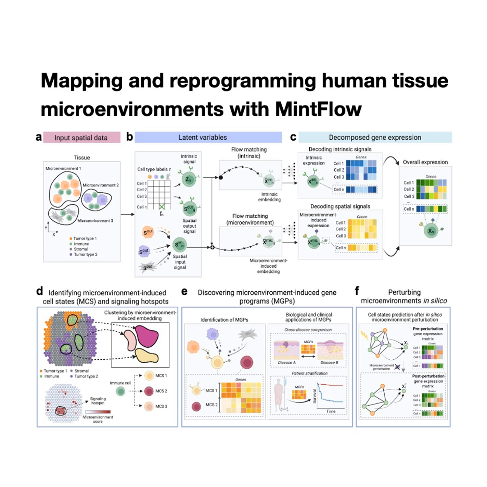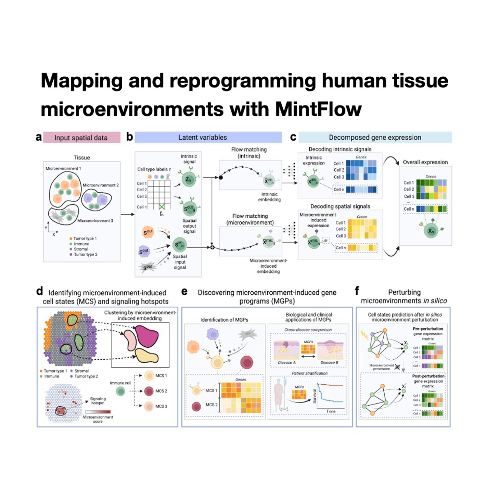Current computational methods tend to struggle to pull those two things apart. They just give you the combined signal. Right, the final outcome. And MintFlow's big innovation is that it uses AI to mathematically isolate that intrinsic signal from the effects induced purely by the microenvironment. And that separation is what unlocks the power to simulate tissue changes, perturbations, with real predictive ability.